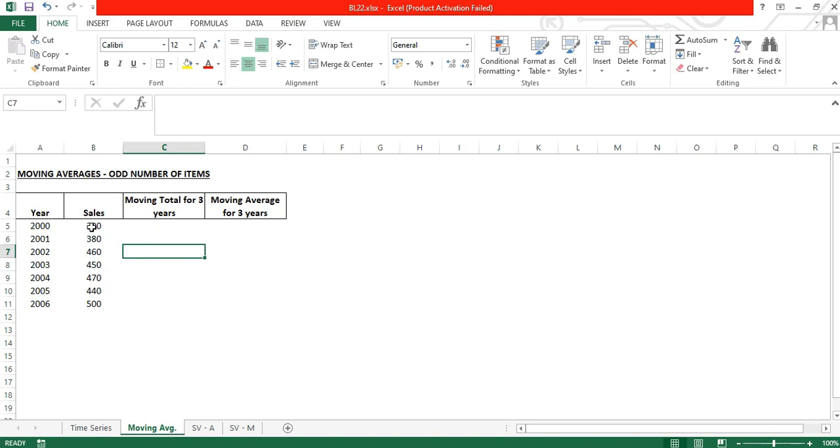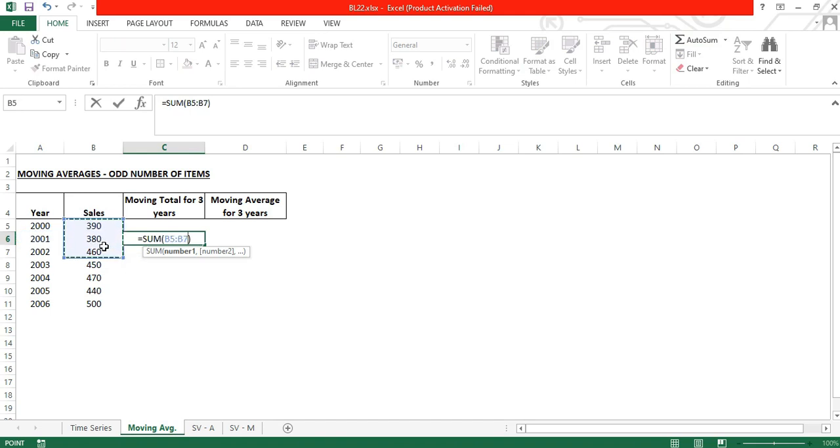Take the total of these three first and place it in the middle of the 3. The middle value of the 3 is 380 now, so write the total right next to the middle value.